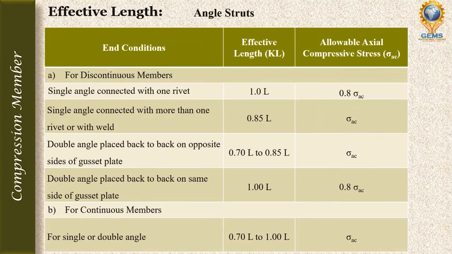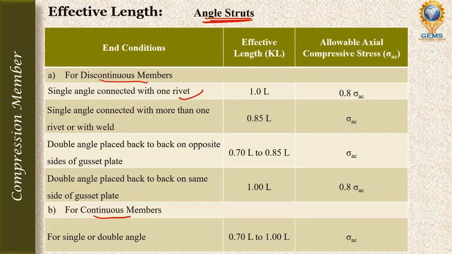So next is effective length for angle struts. Till now we saw the columns. Here now it is an angle strut. So the first condition is there are two members: discontinuous members and continuous members. If it is a discontinuous member, under discontinuous member we have four categories. So one is single angle connected with one rivet. So you are connecting a single angle with one rivet only.